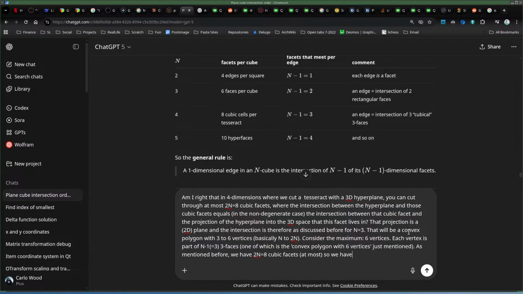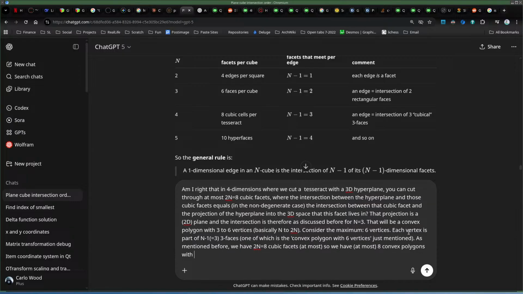So we have at most 8 convex polygons with 6 vertices, for a total of 6 times 8 divided by 3 is 16.